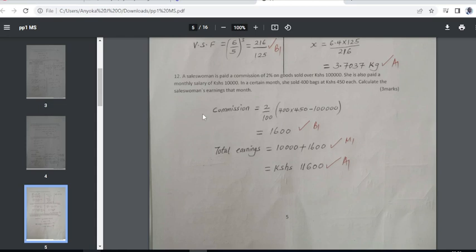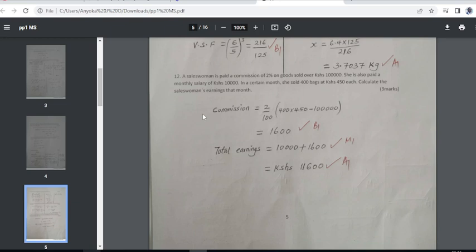A saleswoman is paid a commission of 2% on goods sold over 100,000 shillings. She is also paid a monthly salary of 10,000 shillings. In a certain month, she sold 400 bags at 450 each.